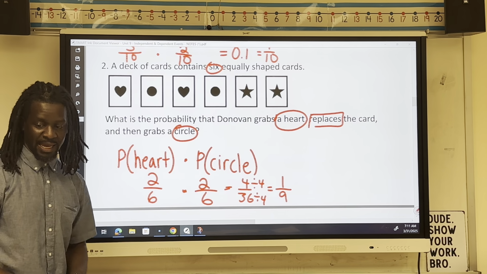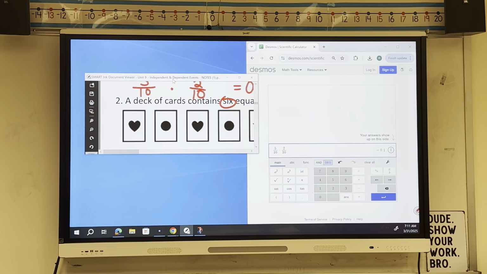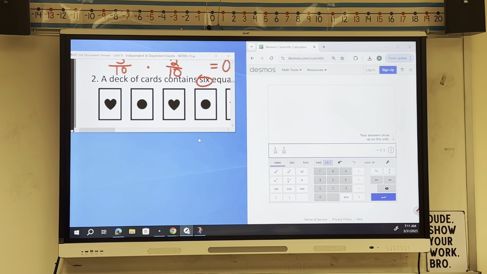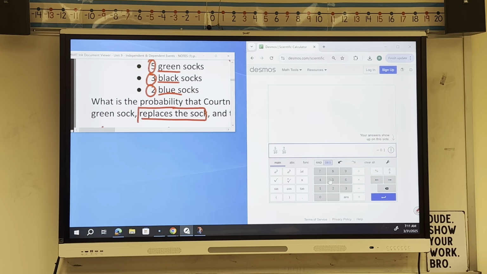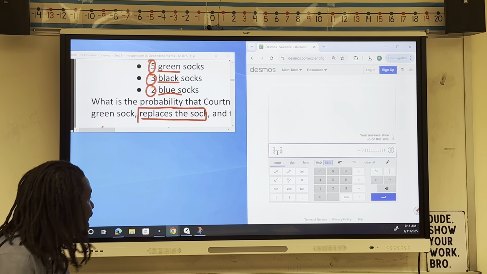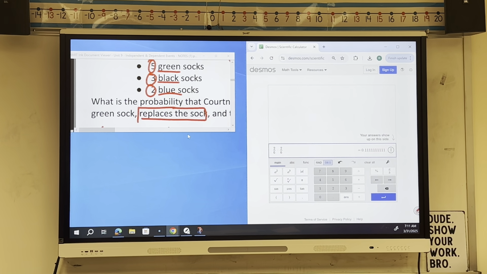Now I just want to show you, imagine you did this in decimals. We said we were doing 2 over 6, so 2 over 6 times 2 over 6, and we got 0.1111111. If you do that, that is likely going to be what you get. It's going to give it to you as a decimal.